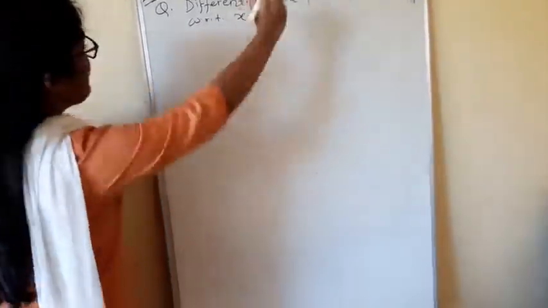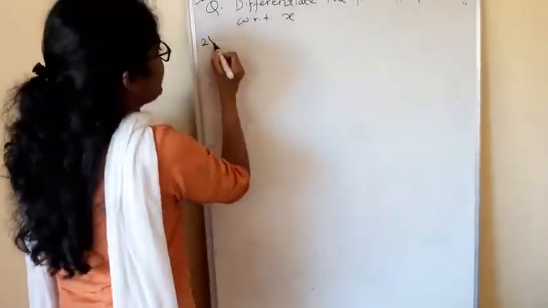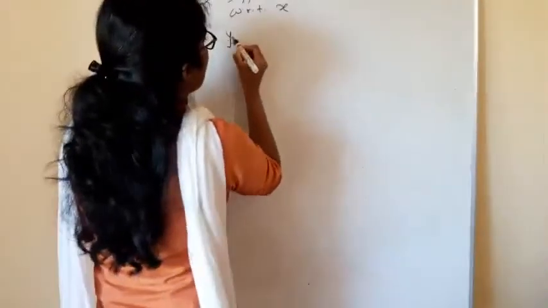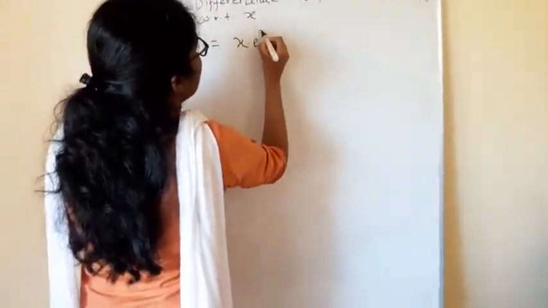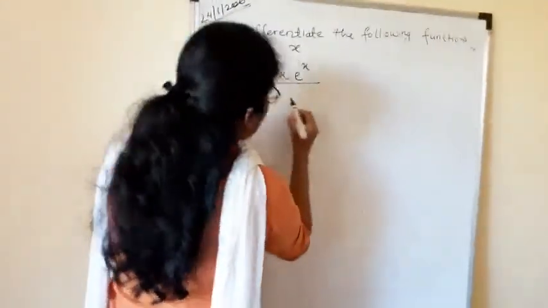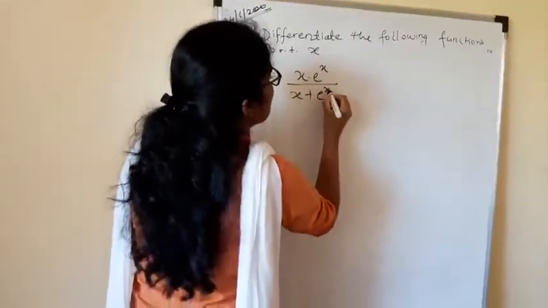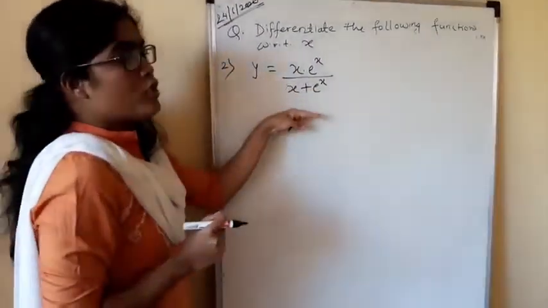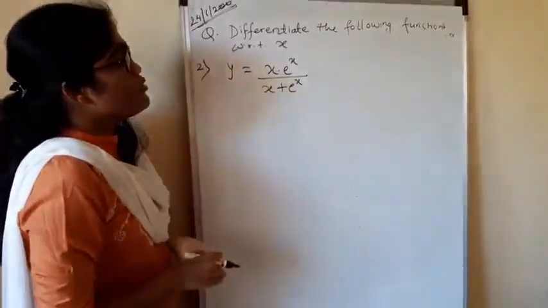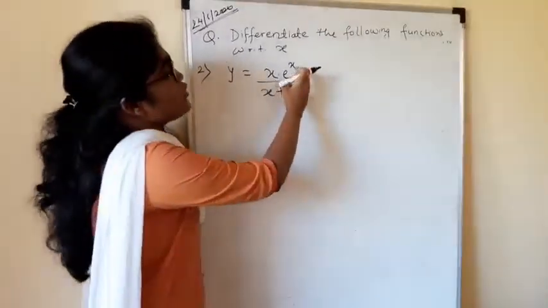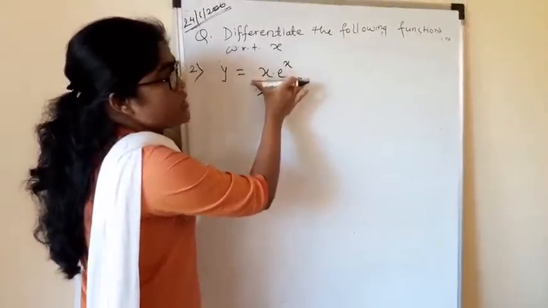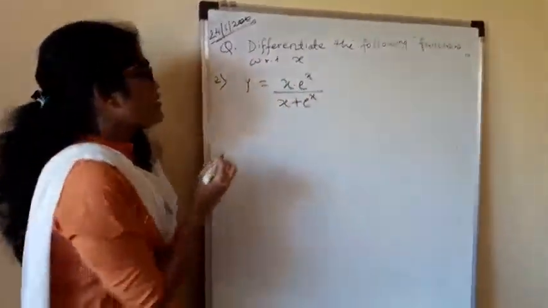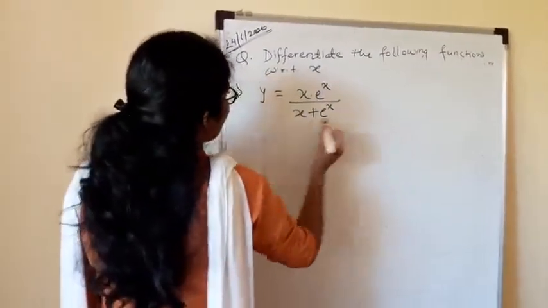Now next example, second: y is equal to x into e raised to x upon x plus e raised to x. Now students, here you can see this function is in the form of a quotient, so you have to use the quotient rule.